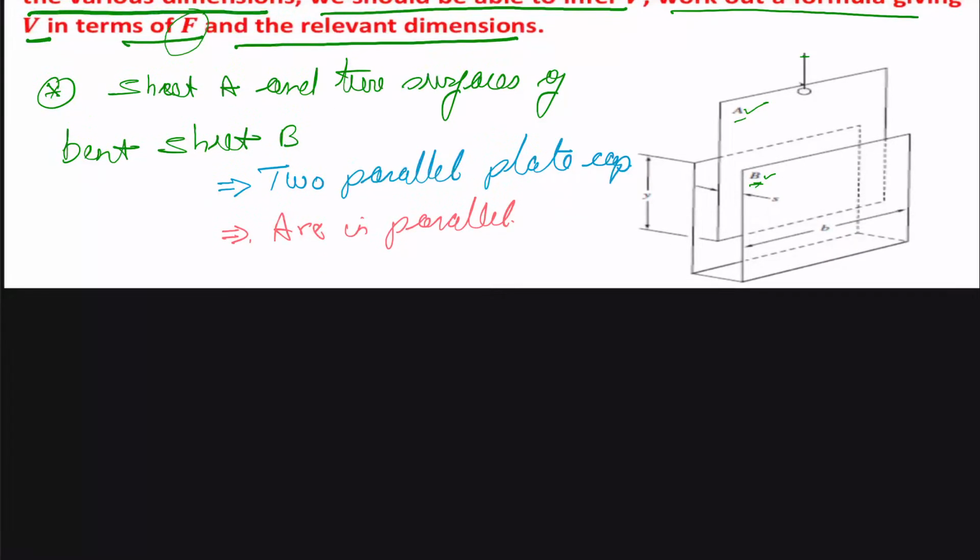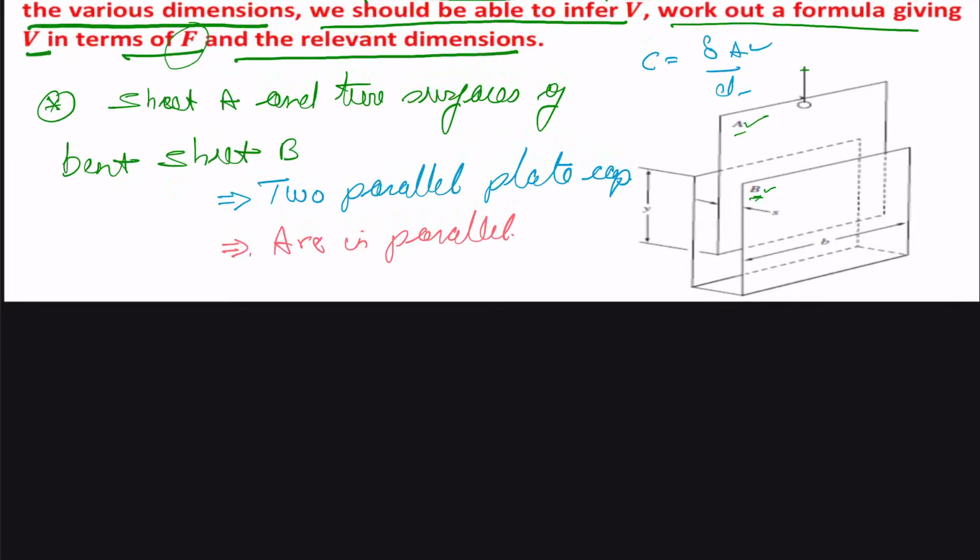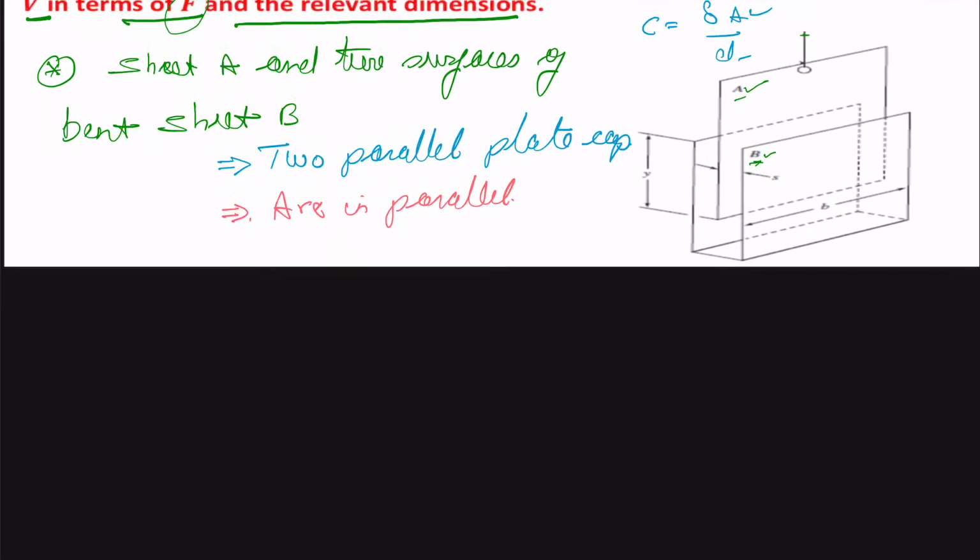In order to find out the capacitance of a parallel plate capacitor, the standard formula we already know is C equals epsilon naught A upon D, where A is the area and D is the distance between the plates. So first of all, let's identify their respective distances. We start with the left gap.